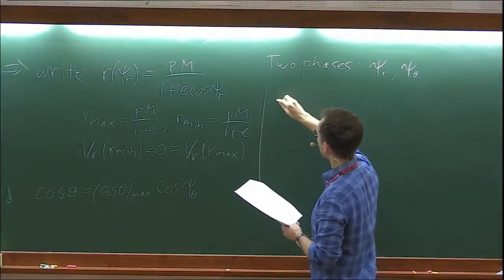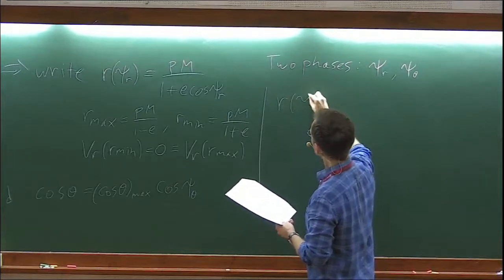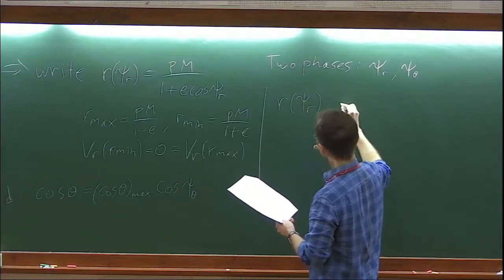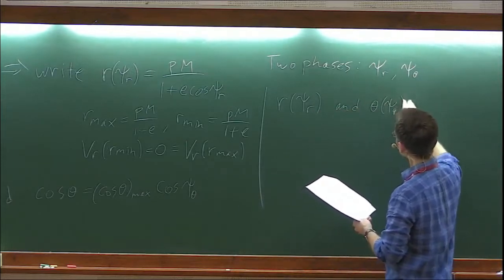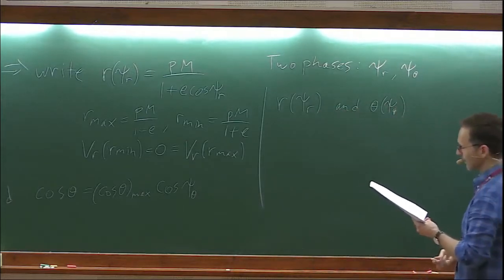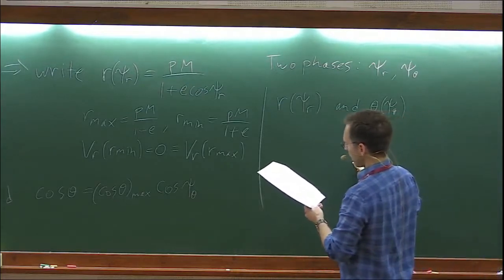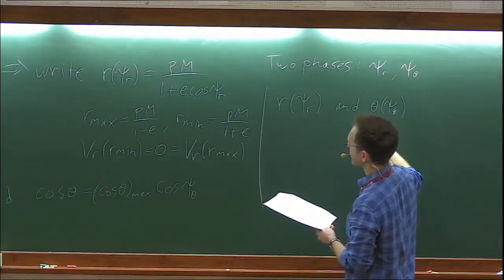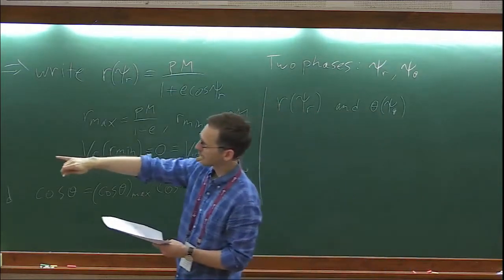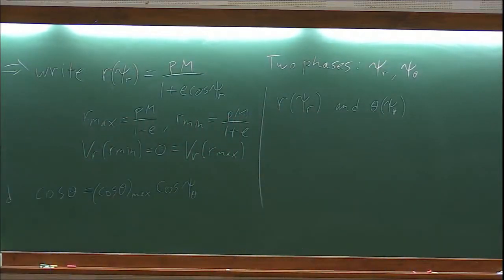So putting this together, we have r of psi r and theta of psi theta. And we now need to express psi r and psi theta in terms of the Carter variable, or Carter parameter lambda.